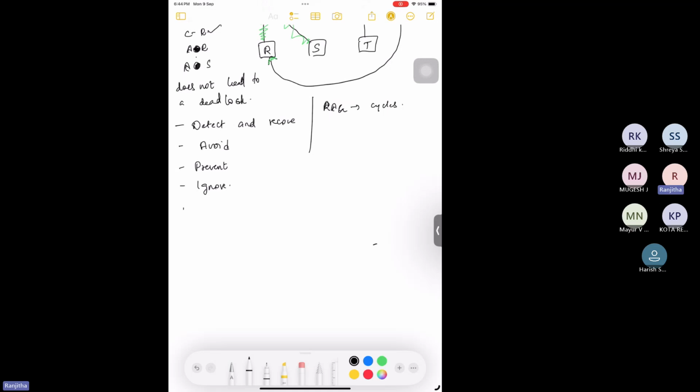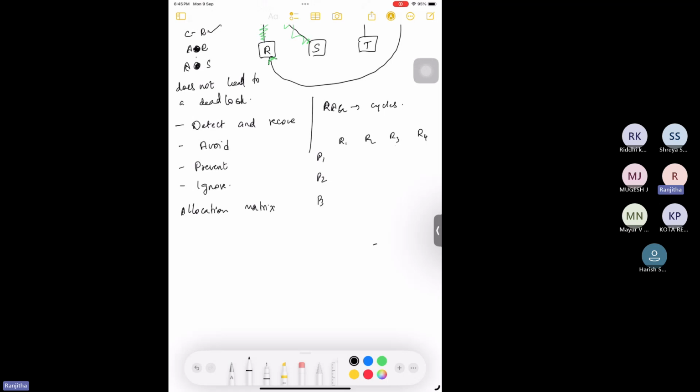So how we draw the allocation matrix is, for example, we have three processes, P1, P2 and P3, and maybe four resources, R1, R2, R3 and R4.